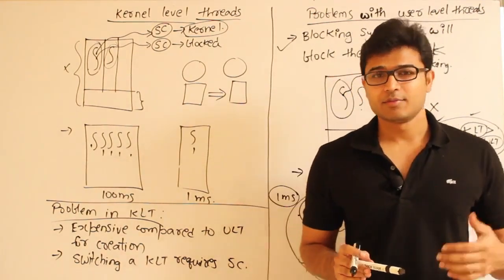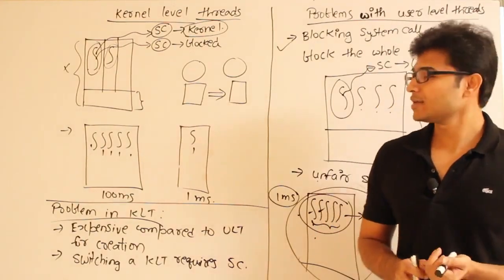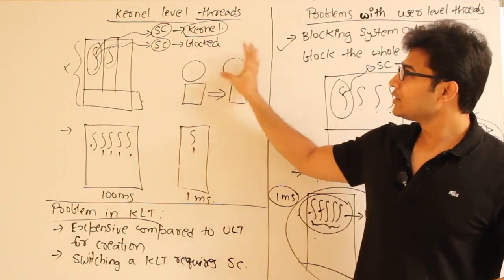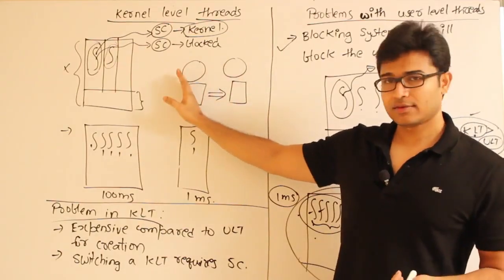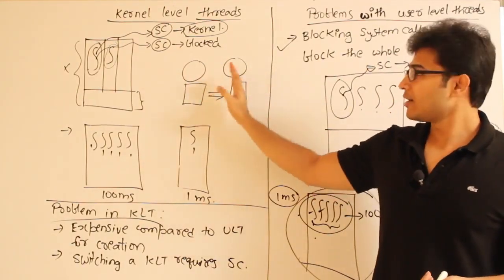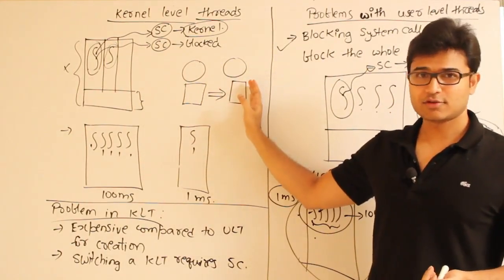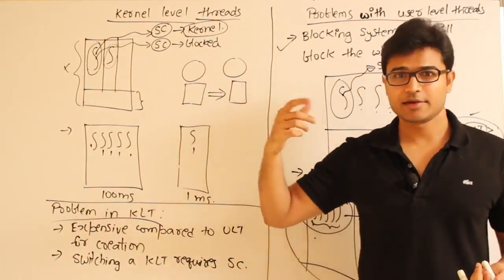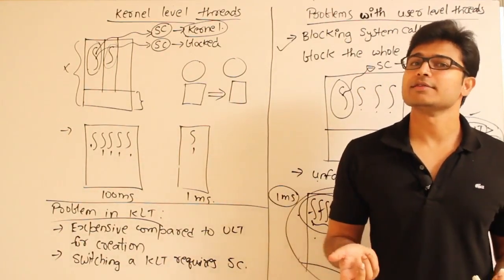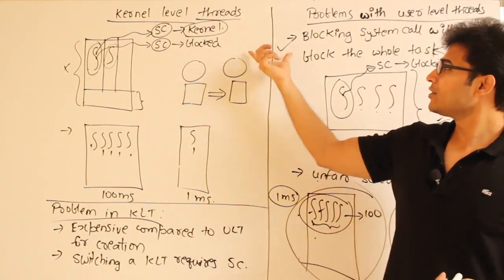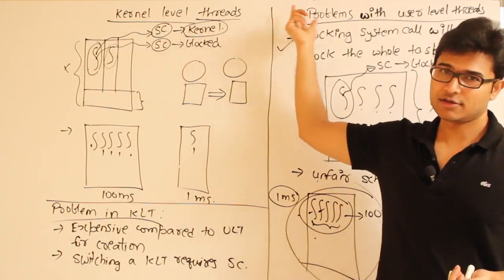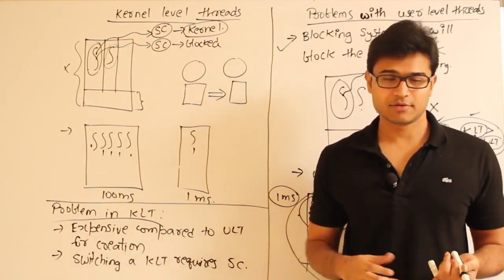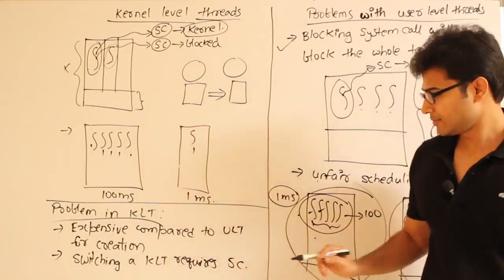But then the problem with threads is that there are certain problems like this, right? And both types of threads, either kernel level threads or user level threads, have these problems, and so some of the operating systems go with hybrid threads, which means they combine the concepts of kernel level threads and user level threads, and they call it hybrid threads. We shall see an example of hybrid threads now. Okay, fine.